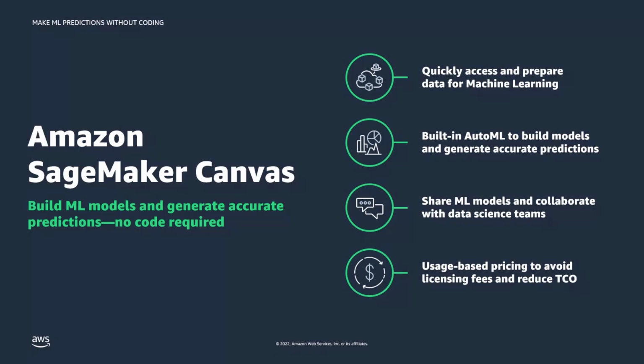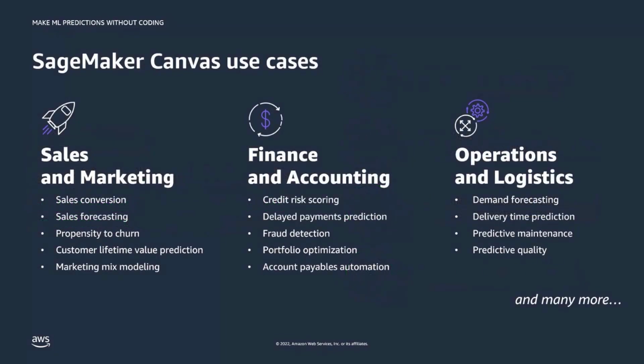So this is the majority of the PowerPoint I want to share with you today. We'll quickly bounce over into the demo in just a second, but I want to talk about use cases, because what I want to do is show you a specific use case. But let me first say that there are lots of use cases within line of business organizations where this may be appropriate, right?